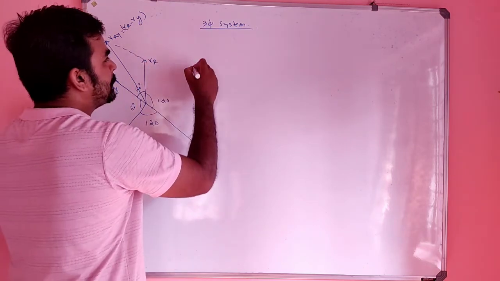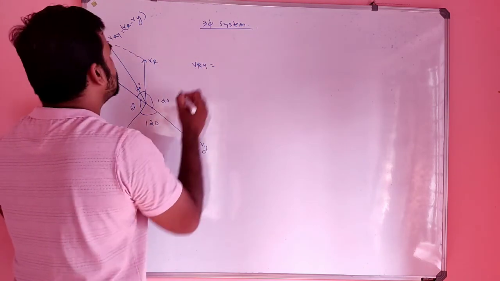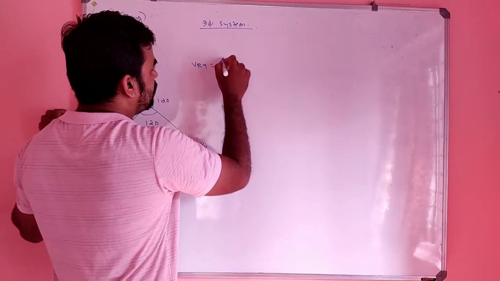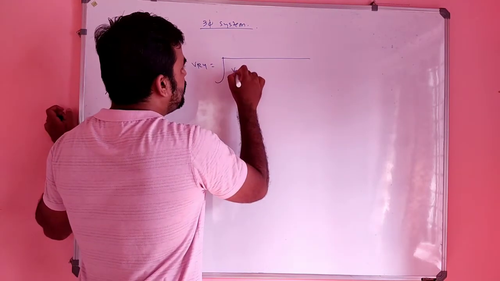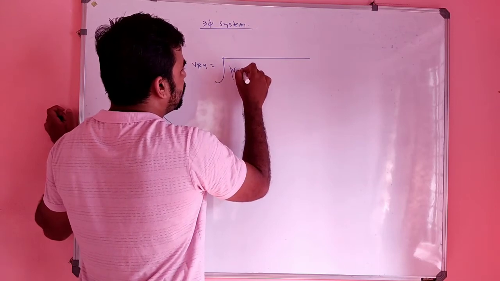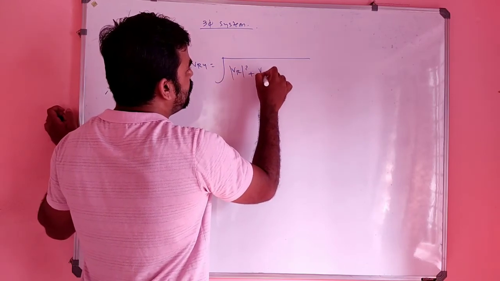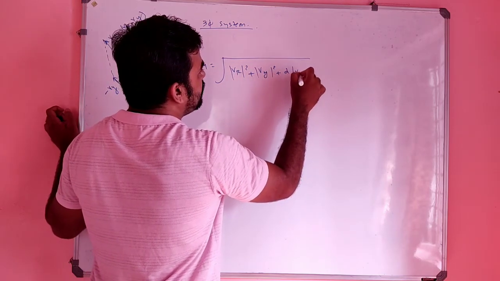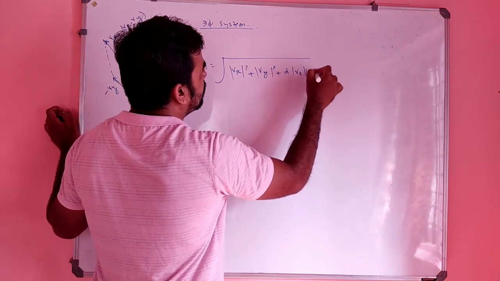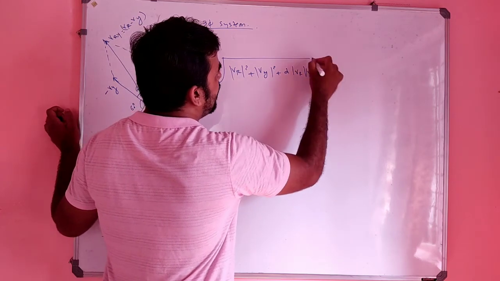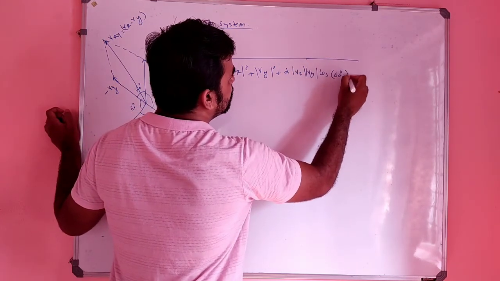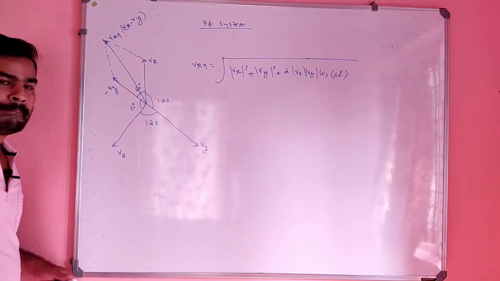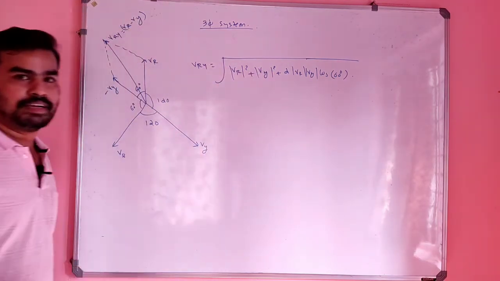That is nothing but VRY, or VR minus VY, which is the square root of mod VR square plus mod VY square plus 2 into mod VR into mod VY into cosine of the angle between VR and VY, which is 60 degree. Correct or wrong? This is called the parallelogram law of vector addition.